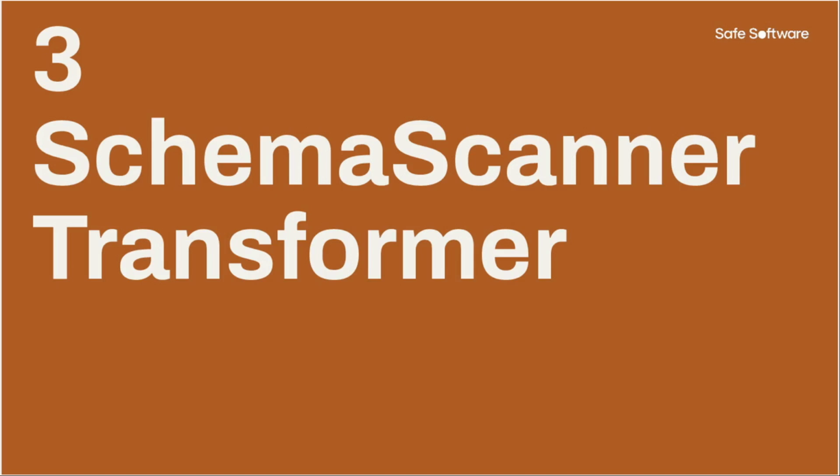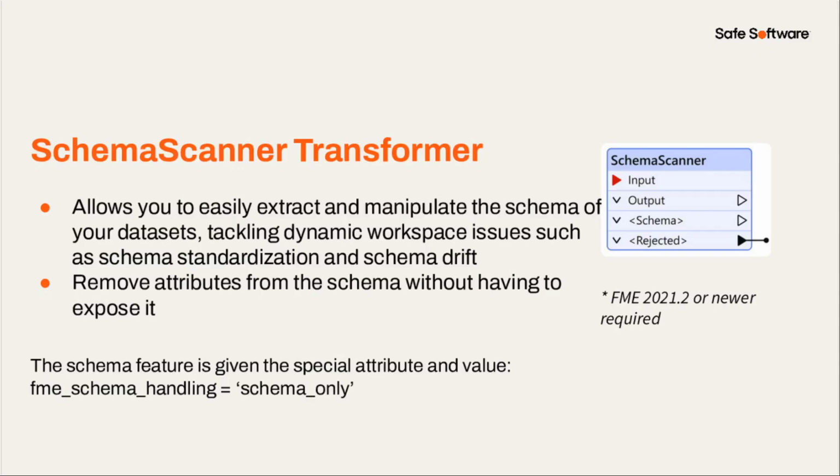So the schema scanner transformer, this is diving a bit more into the advanced side of things. I wouldn't say it's particularly super advanced or complex, but the schema scanner transformer itself is a very useful tool when it comes to dynamic workflows, and it's probably saved me a couple times when my dynamic writer hasn't been writing out the schemas properly.